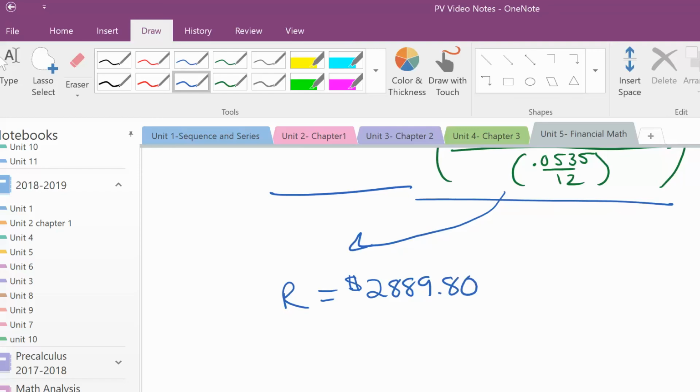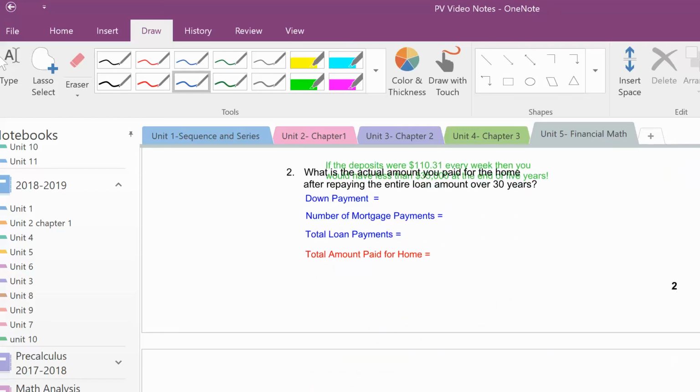Now, the next thing we're going to do is figure out, based upon that, how much we actually pay for the house. The down payment was $57,500. The number of mortgage payments, well, we pay 12 times a year for 30 years, so that's 360 payments.